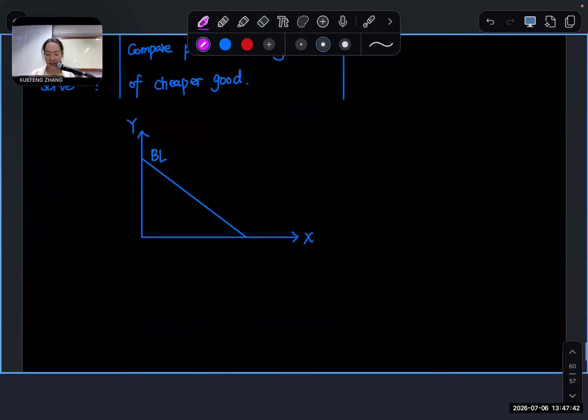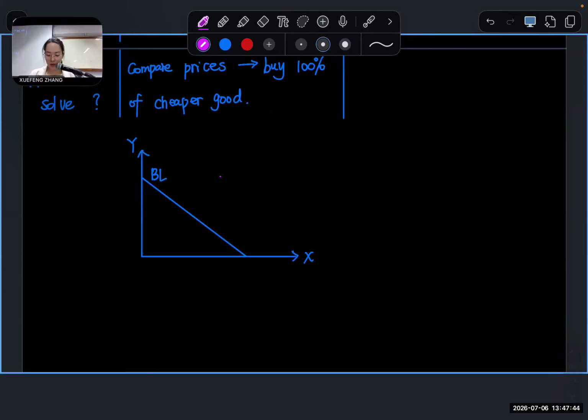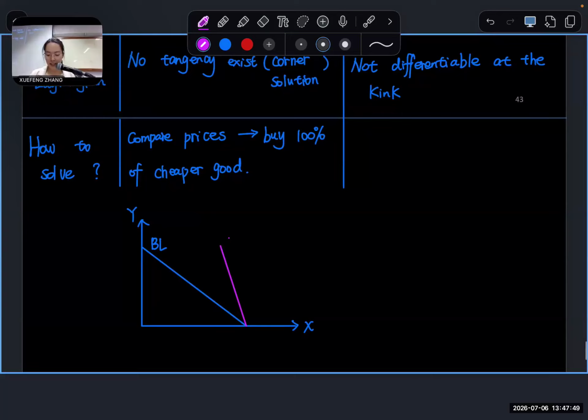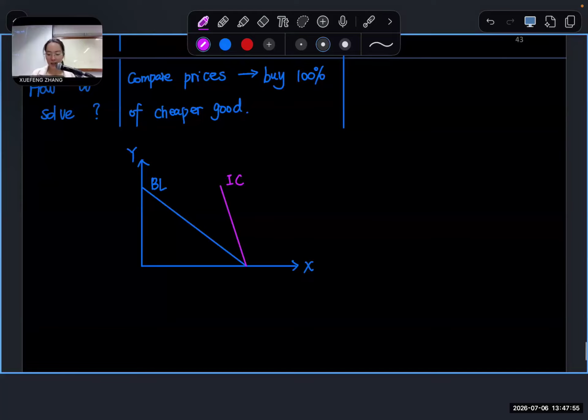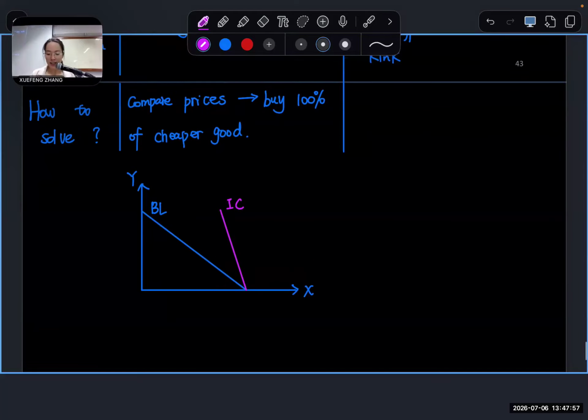In the textbook, it's a corner solution. So basically you compare the price, and here we choose X but we don't buy Y. So here is the corner solution.